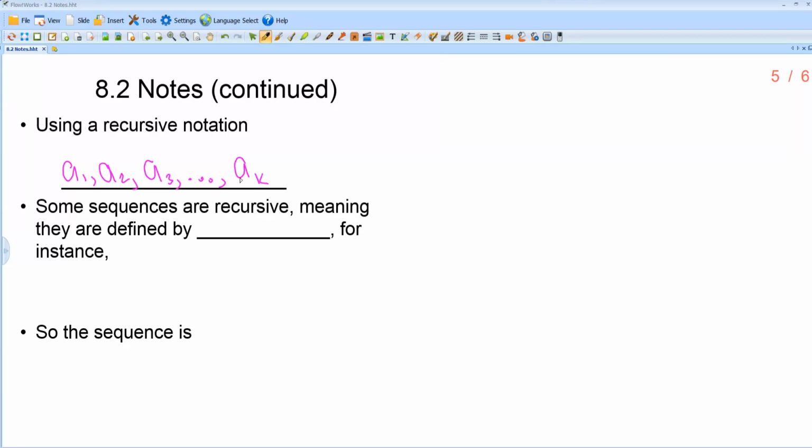We do switch it for recursive, so instead of n, it's going to be k. And then we go a little bit further and just say a sub k plus 1. This a sub k plus 1, what this really means is just the next term. So regardless of what k is, a sub k plus 1 just means the term that comes after that.